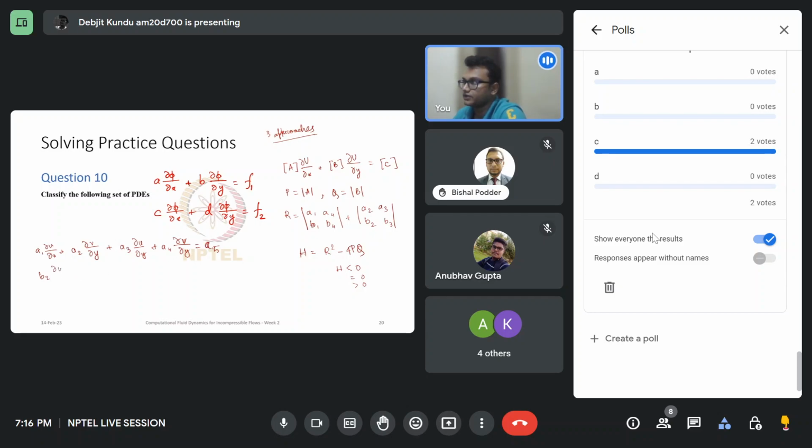Then B1, then B2 ∂v/∂x plus B3 ∂u/∂y plus B4 ∂v/∂y equal to some B5.